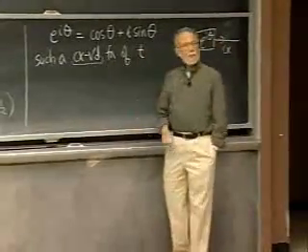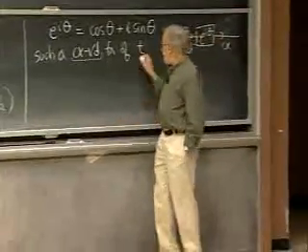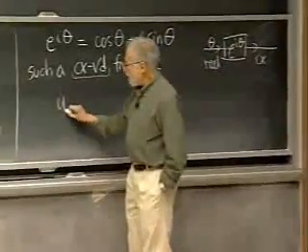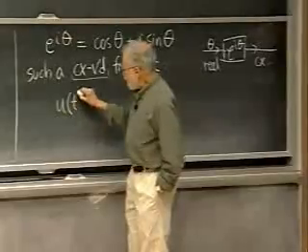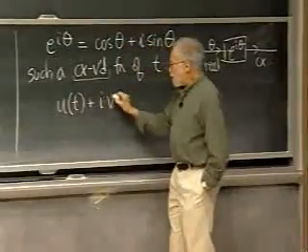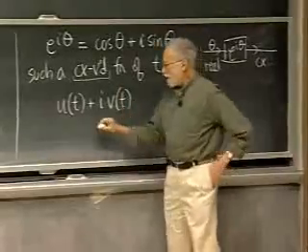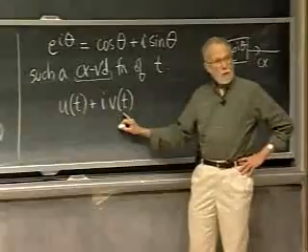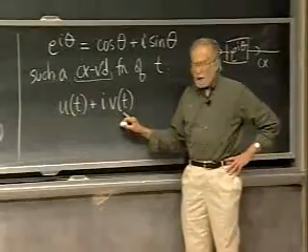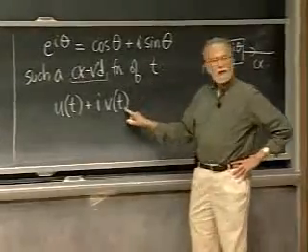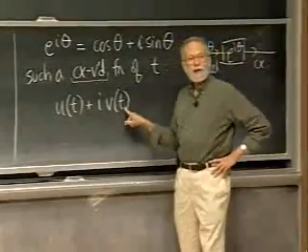Complex valued function of a real variable, T, in general, would look like this. T goes in, and what comes out? Well, a complex number, which I would then have to write this way. In other words, the real part depends on T, and the imaginary part depends upon T. So a general function looks like this. A general complex valued function.